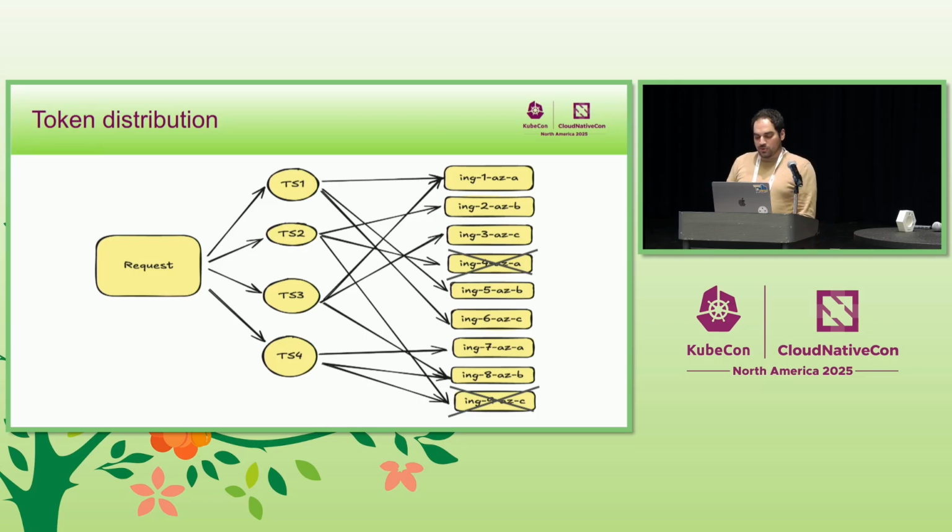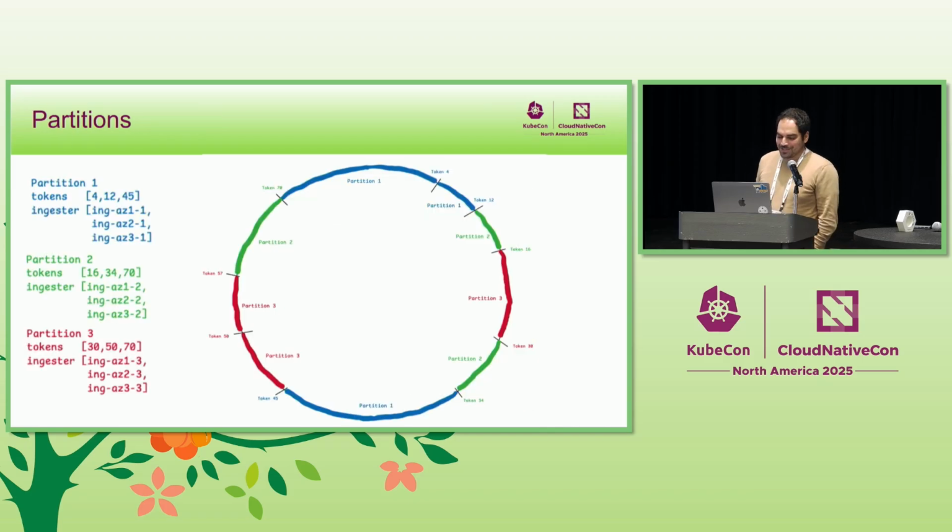So how do we try to solve this? We are adding this idea of partitions. Now, when you look at the ring, the ingester doesn't have tokens in the ring anymore. The partition itself has tokens in the ring, and the ingester joins a partition. So when you think about partition 1, it actually has token 4, and it's receiving that data.